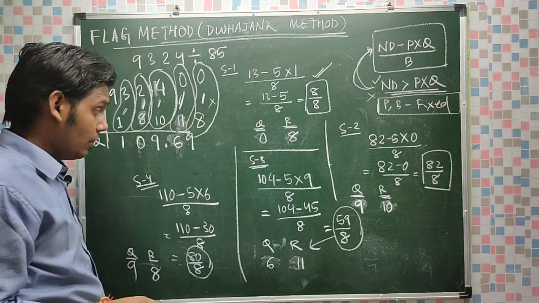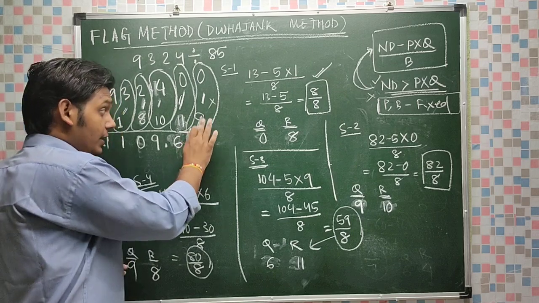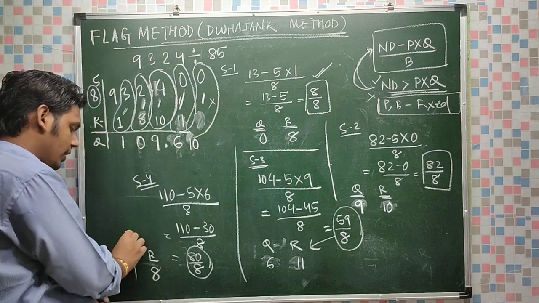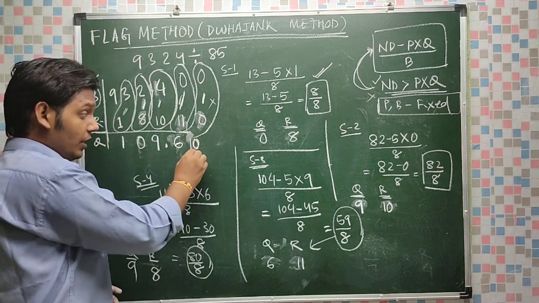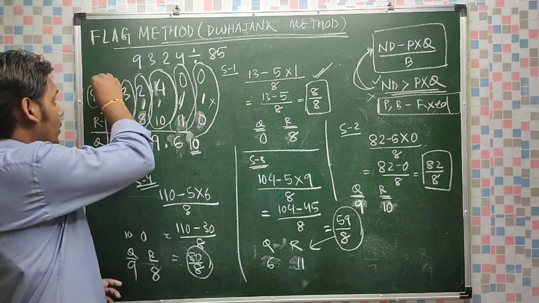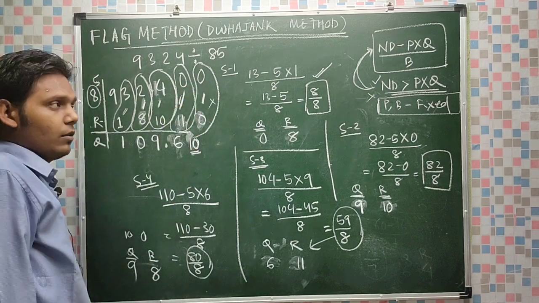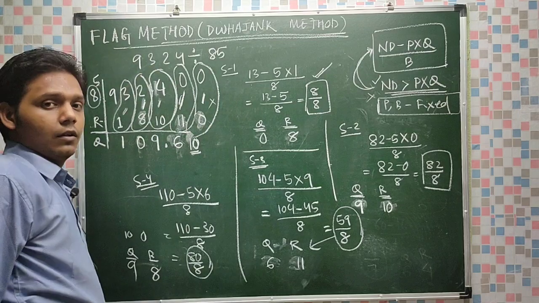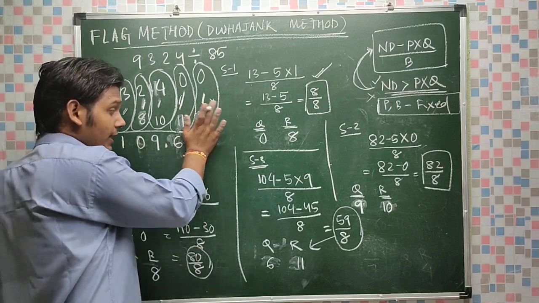So we can proceed. Suppose I take 10 here, then the remainder will be 0. Now see, 5, 10, 50 is greater than 0. So that condition is not satisfied. So always check that condition.